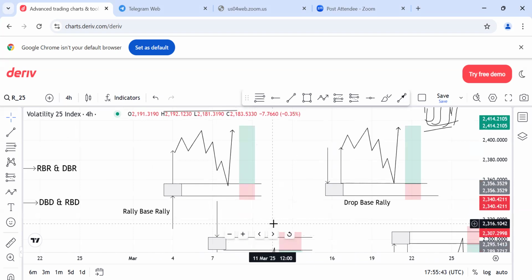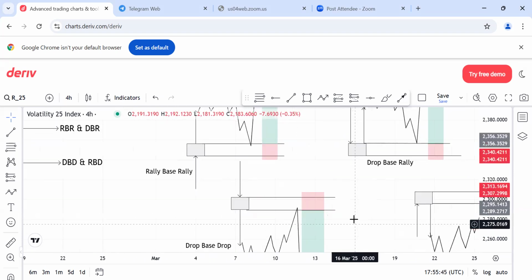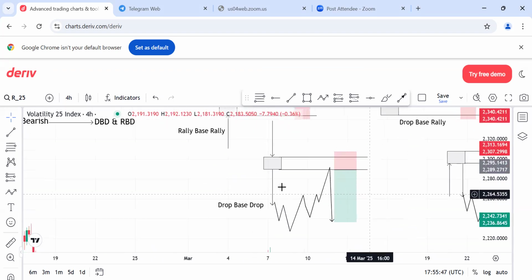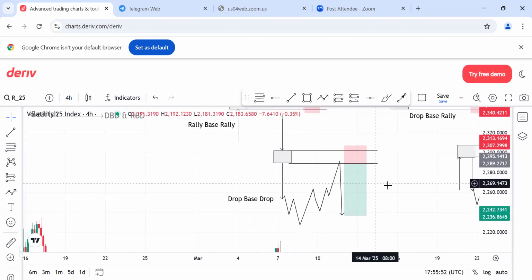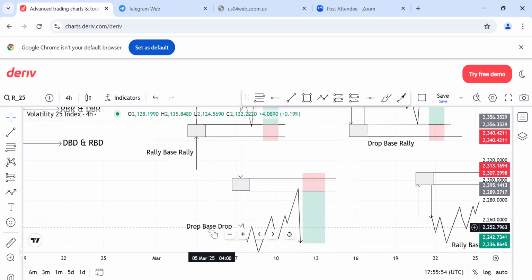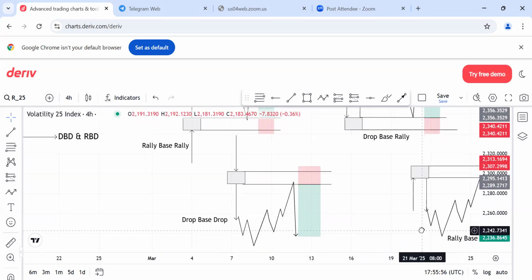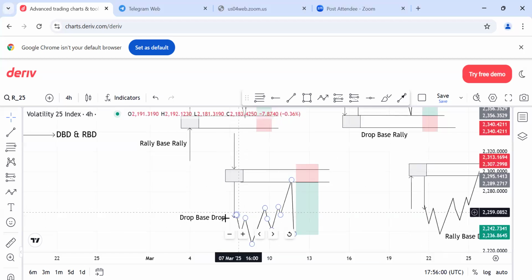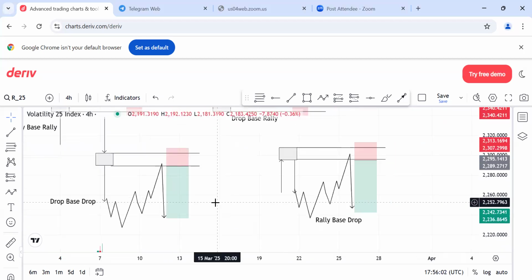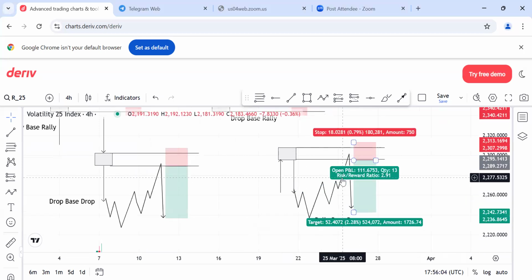The next order block type is the bearish order block, where the first pattern is the drop base drop, and I've also explained the concept behind it, and the rally base drop, same thing as well. And remember, we should work hand in hand with the market structure when spotting out these order blocks for our entries.